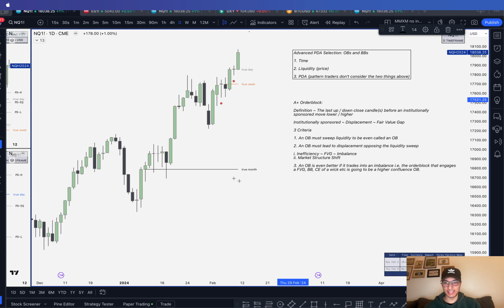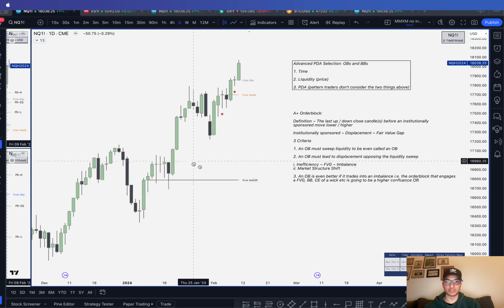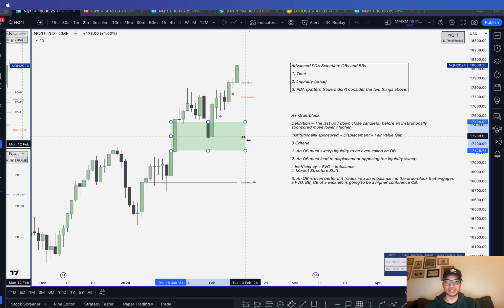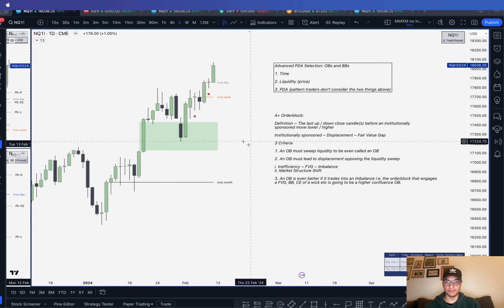Again, when we're talking about offset accumulation and offset distribution, think about how orders are being filled. Think about the internal logic of an order block, okay?